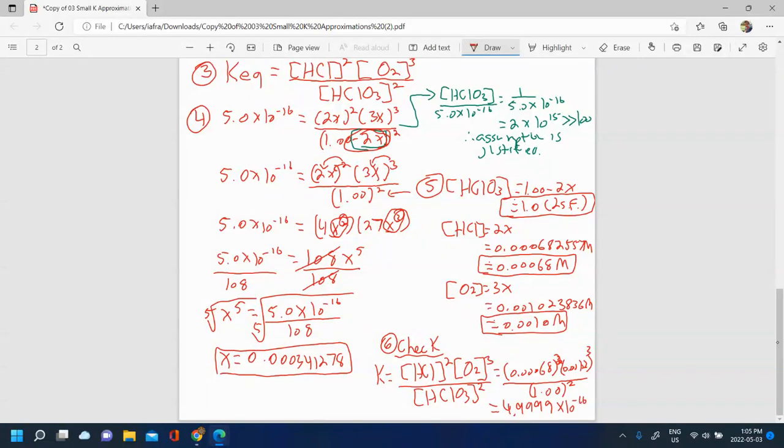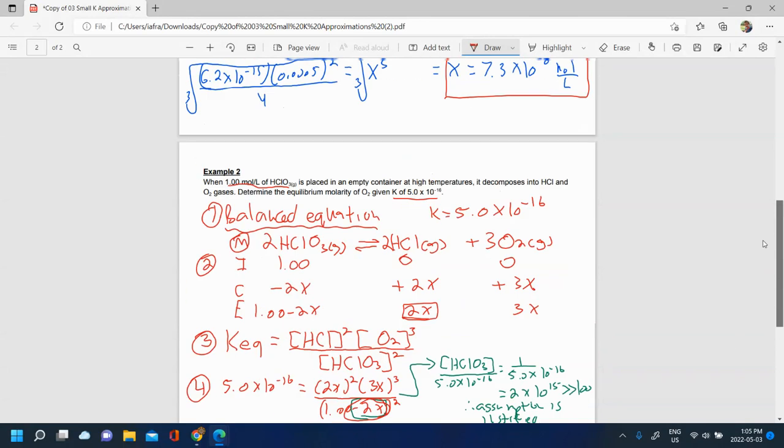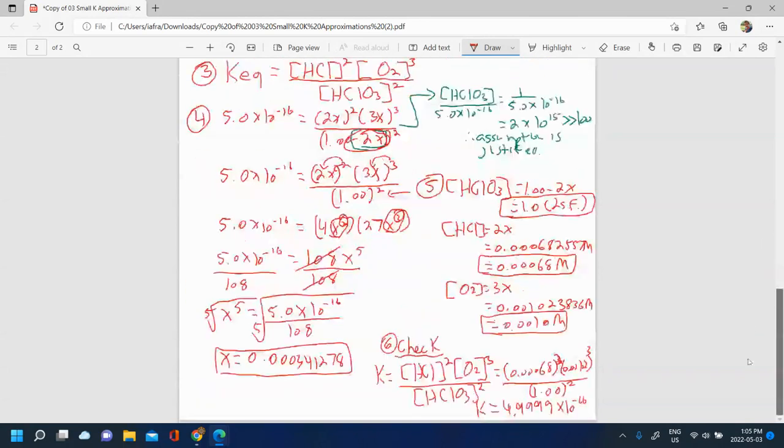Is that our K value that we had in the question? Right, it is. Like if you look, our K value was 5.0 times 10 to the power of negative 16. This is pretty close. It's just probably some rounding that I didn't include all the decimals, but very, very close.